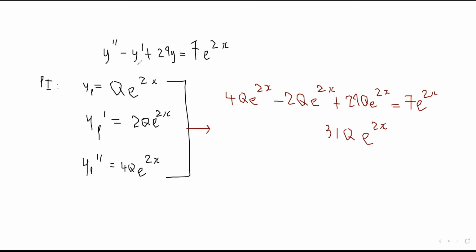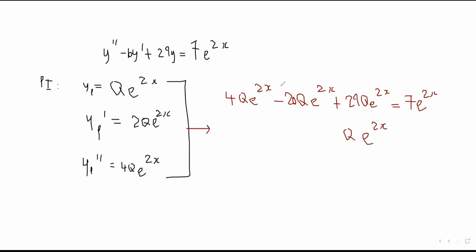This part right here, I didn't put the 10y prime. So it would have been 10 times this, and 10 times 2 makes it 20. That means this wouldn't be 31.